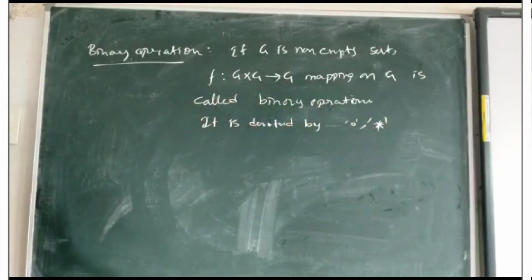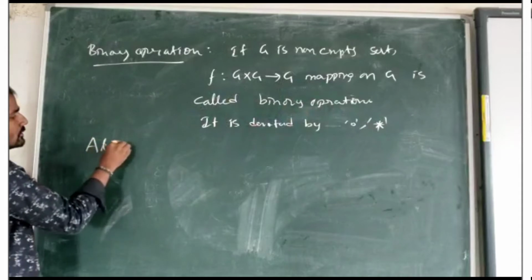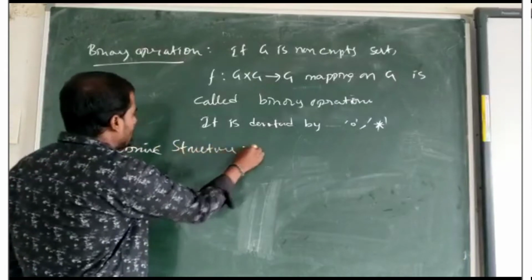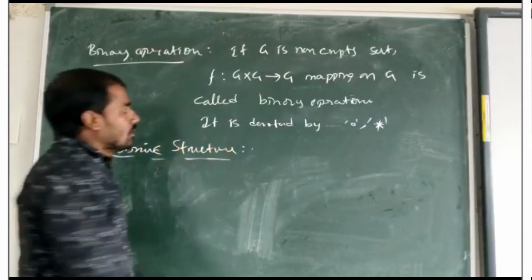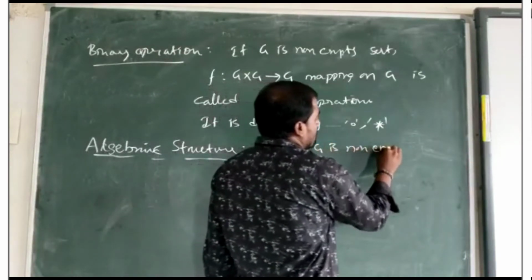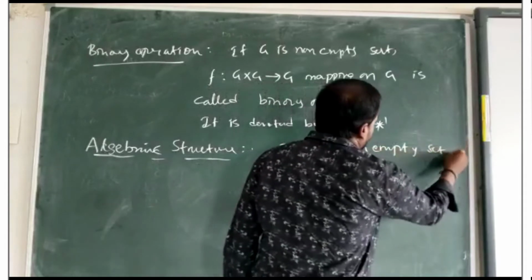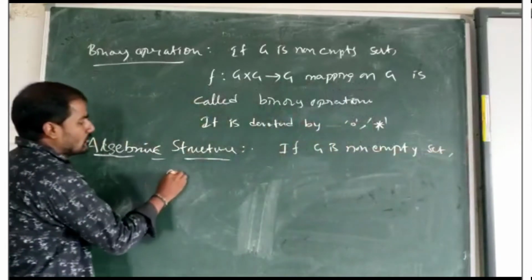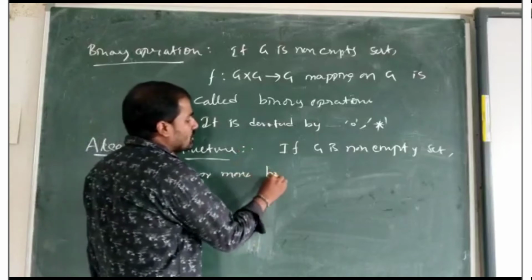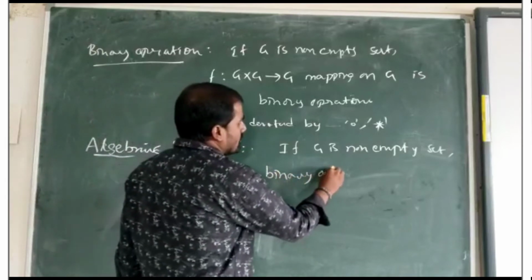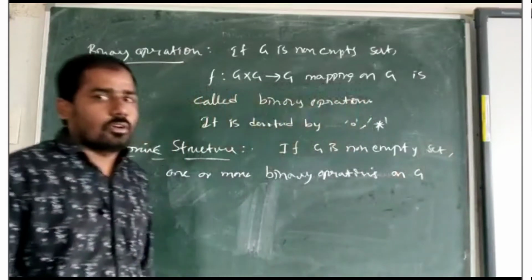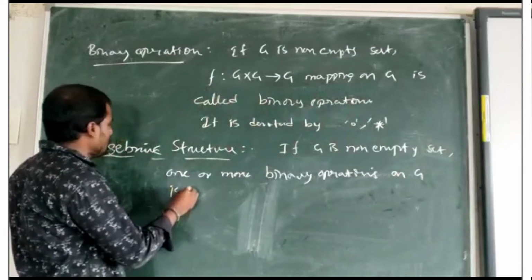Okay, next definition is algebraic structure. If G is a non-empty set, and one or more binary operations on G are defined, it is called an algebraic structure.